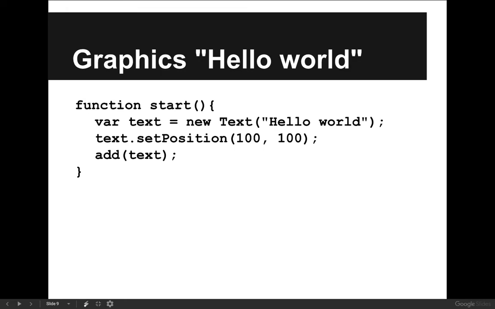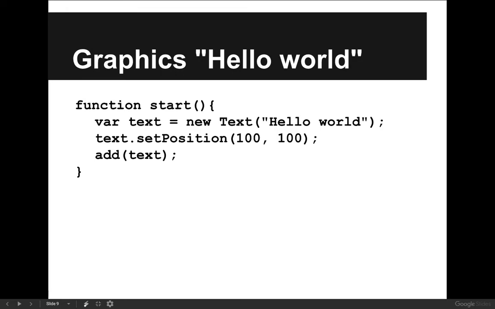So text.setPosition, and then I give it an x and y coordinate. So this puts it at 100, 100. Now with a text box, the bottom left-hand corner of the text box is what gets put at that position. Okay, so it's very, very, very important to understand what corner of the box is placed where.